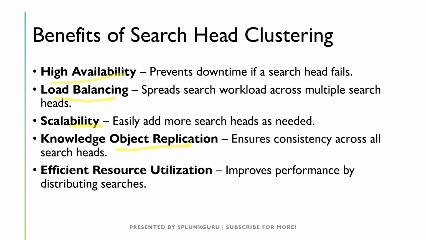Then replication, which we already discussed. Ultimately it provides you a lot of benefits. With horizontal scaling, as the number of users or the search load increases, you can add new search heads to the cluster. These are the main benefits you get when you implement search head clustering.